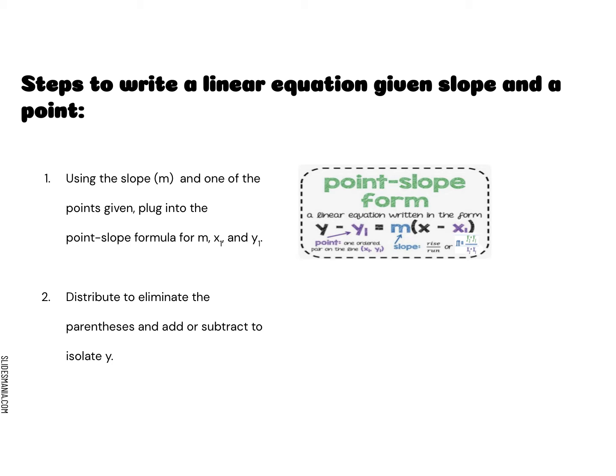Point-slope form is y minus y1, where we substitute the y value from our point, equals m, our slope, times the quantity x minus x1, where x1 is the x value of the point that we're given. Then we distribute to eliminate the parentheses, and then we add or subtract to isolate y, and we get our equation in slope-intercept form.